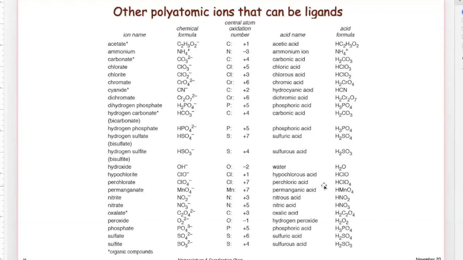When it was bonded, it had a pair of electrons. Now that pair can be used to donate into a metal. So you can take all these, and if you remove a hydrogen from the ammonium ion, you get ammonia. It's got a lone pair of electrons to donate. So again, this is just a list that you guys can follow.